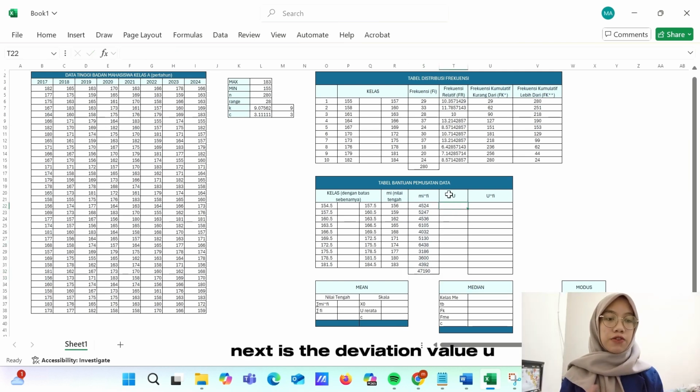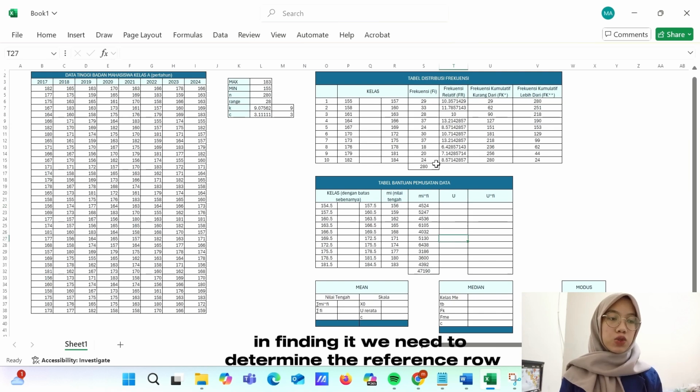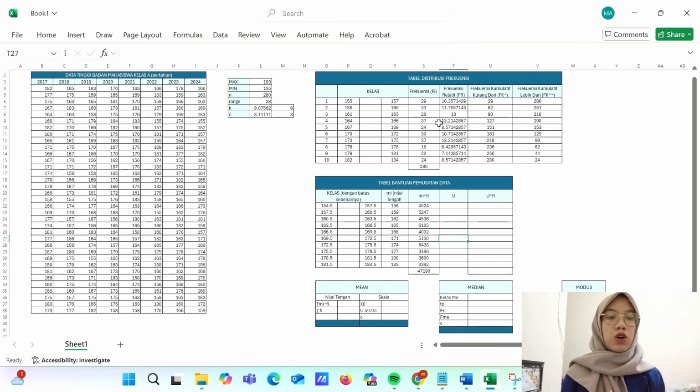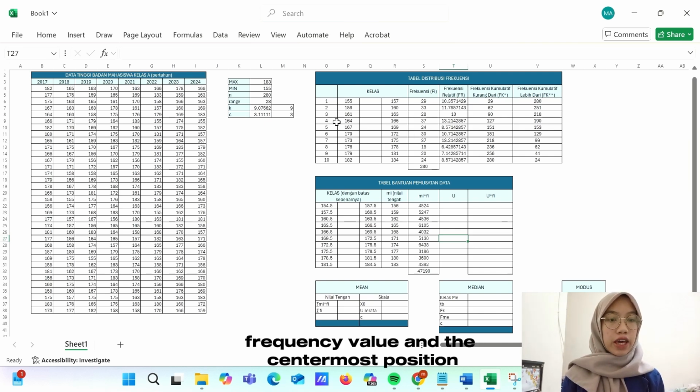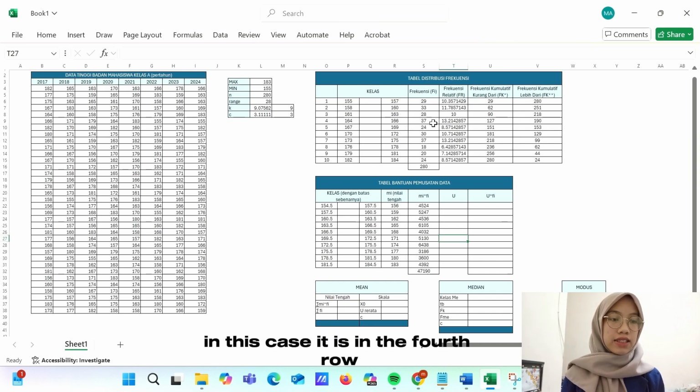Next is the deviations value, U. In finding it, we need to determine the reference row, which refers to the row with the largest frequency, or the middlemost position. In this case, it is the fourth row.